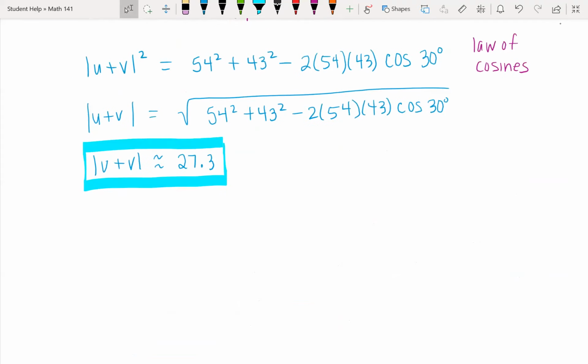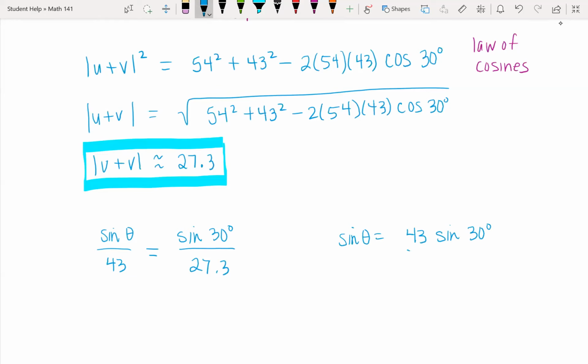So I'll say that the sine of the angle over 43 degrees is equal to the sine of 30 degrees over 27.3. Or rearranging this, sine theta equals 43 times sine 30 degrees over 27.3.